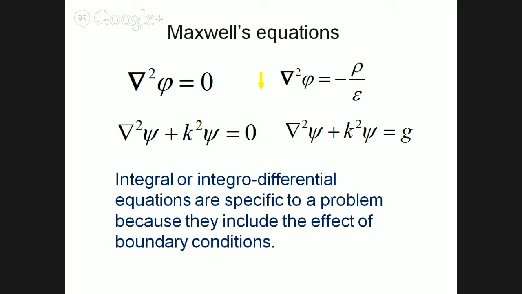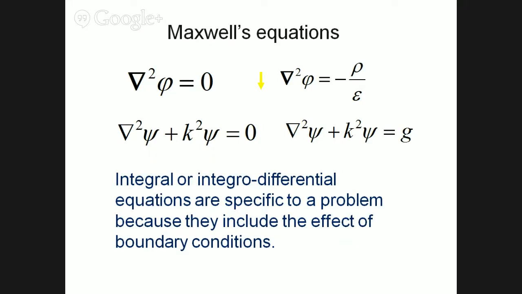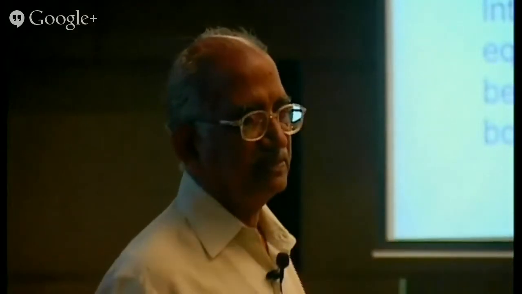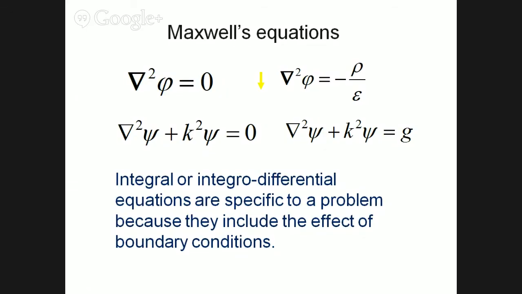We have seen that the differential equation type of problem can be put in terms of the Poisson equation like that. But for the integral equation solution or differential equation solution, you have to derive it for that given problem. You cannot say that this integral equation can be applied to various types of problems as such, because the boundary conditions are going to differ from one problem to the other. So the integral equation is going to be different for different problems.